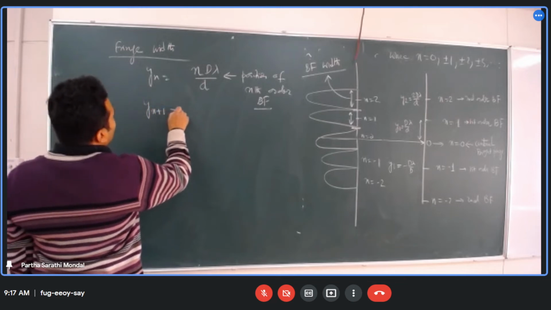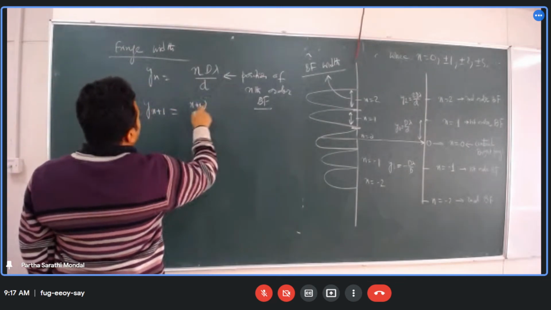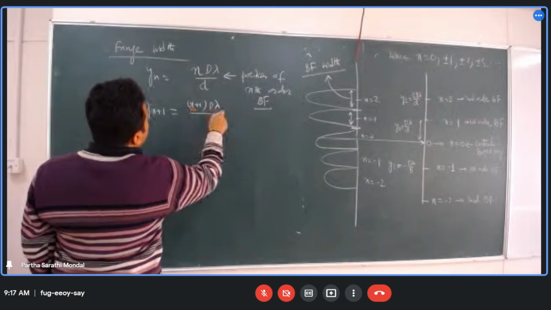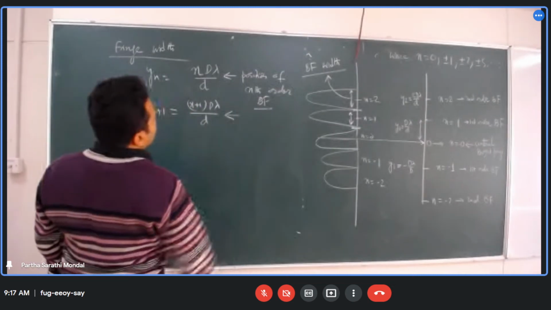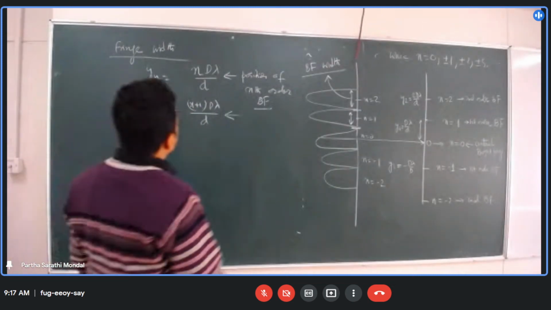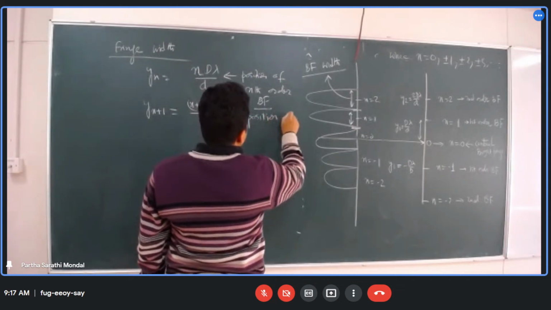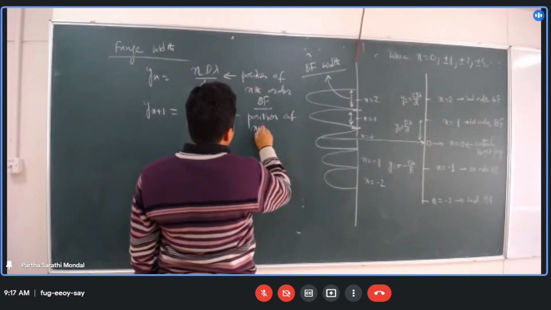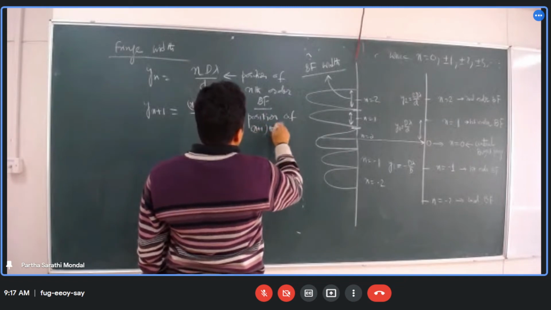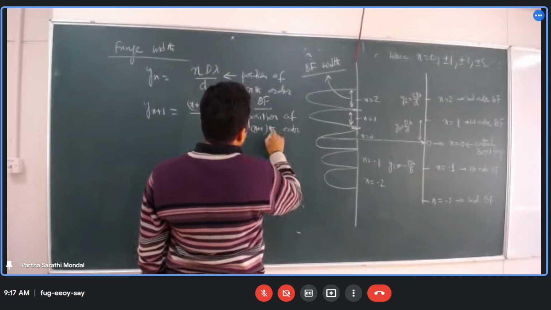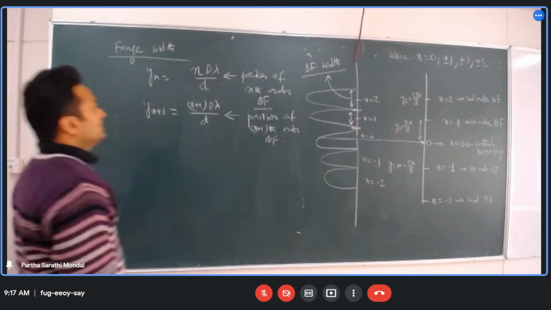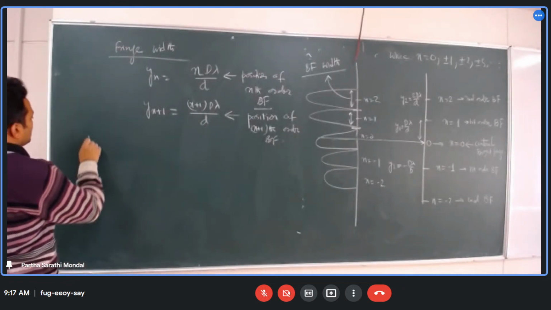So now, what is the position of the next bright fringe? Let's say n plus 1. So y_(n+1) is (n+1)dλ/d. So this is the position of the n plus 1 order bright fringe. Okay, so now fringe width.